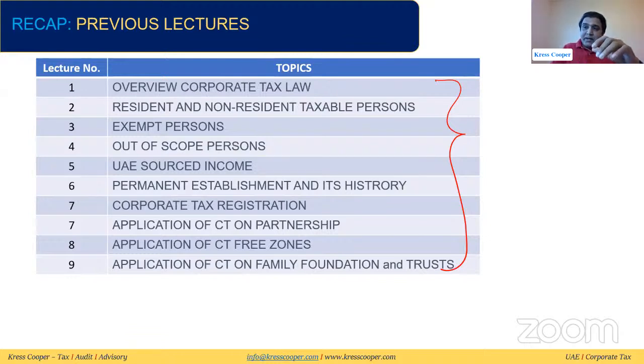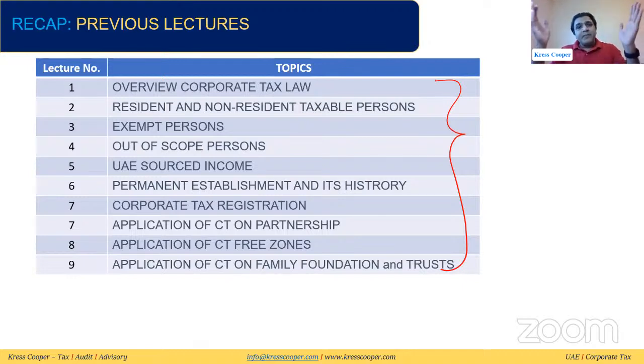To calculate the taxable income, the UAE corporate tax law says that businesses need to take the profit from the financial statements and adjust that profit to arrive at the taxable income. Why can we not take the profit reflected in the financial statements and apply 9%? No, we can't do this.